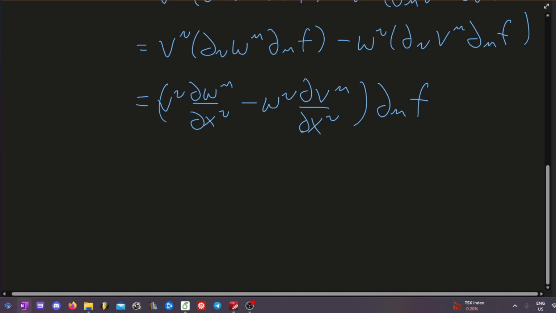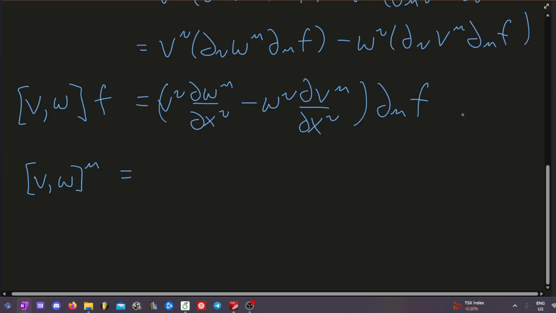We can remind ourselves that what we're calculating right now is the commutator of v and w acting on f, and what we really want here is the mu-th component of the commutator of v and w.